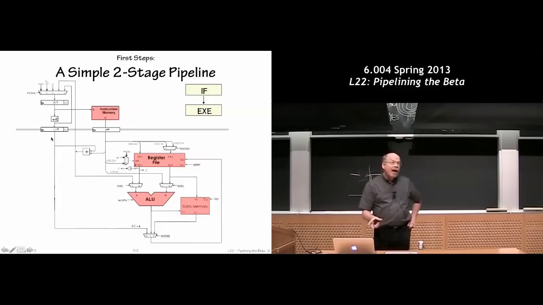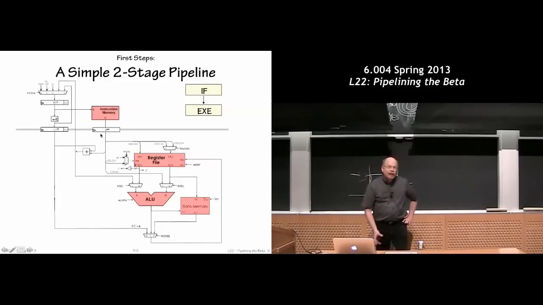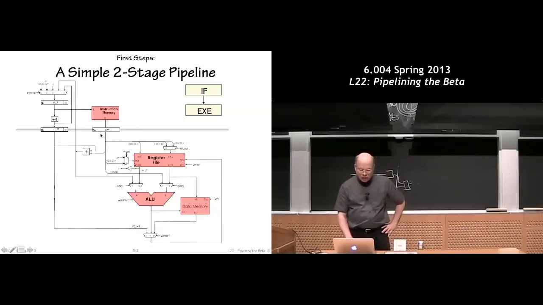For LDR, or if I'm doing a branch, that PC plus 4 will need to be stored in the register file. So I'm going to need that piece of information, and I'm certainly going to need the 32-bit representation of the instruction itself. I can hardly execute the instruction without the binary representation. Those are the registers we add here. And in general, one of the things we'll be doing as we do pipelining is adding more and more registers.